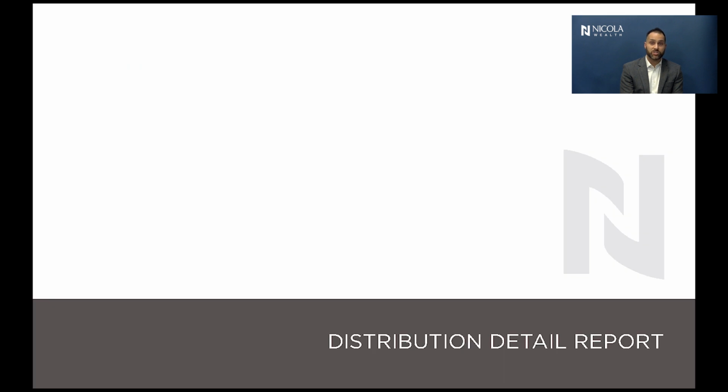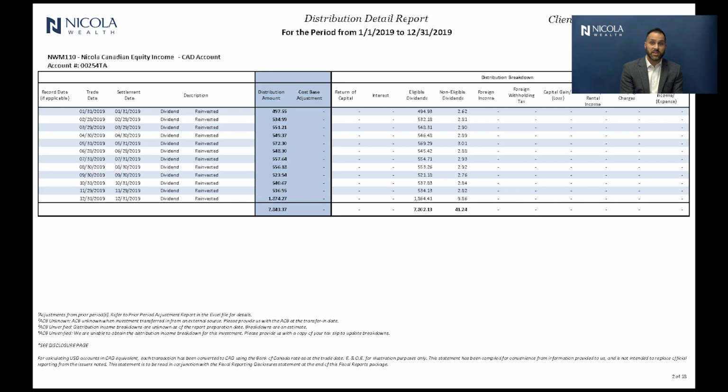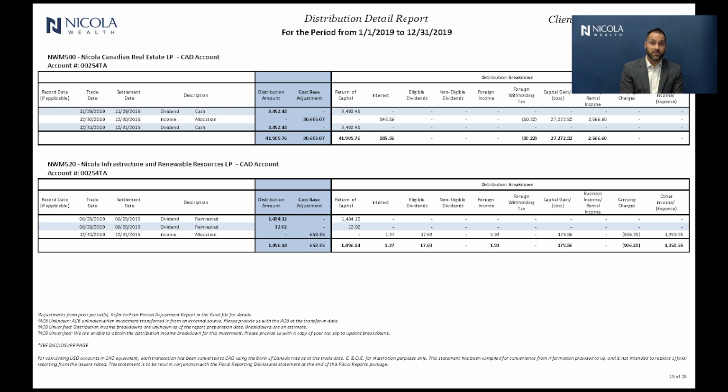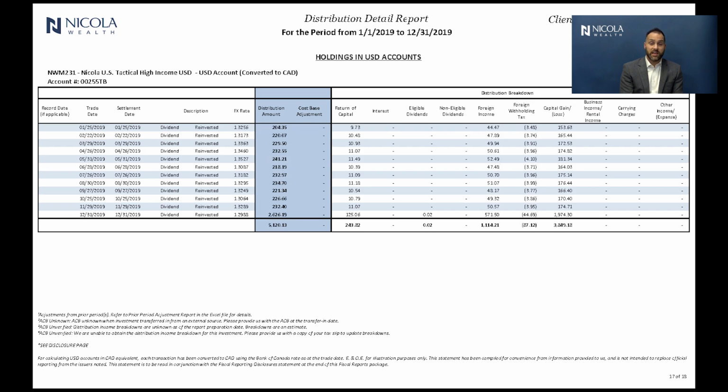The next report shows transactional level distribution details, whether it be cash or reinvested, or a notional tax-only transaction. An example of a notional transaction relates to income allocations from limited partnerships, which are not actual cash or reinvested distributions. Additionally, and as mentioned previously, we show US dollar distributions in Canadian dollars and the applicable FX rate for these conversions.